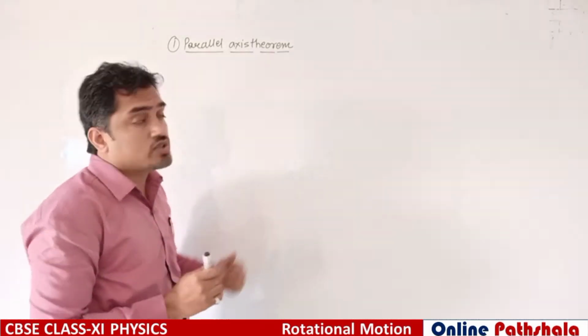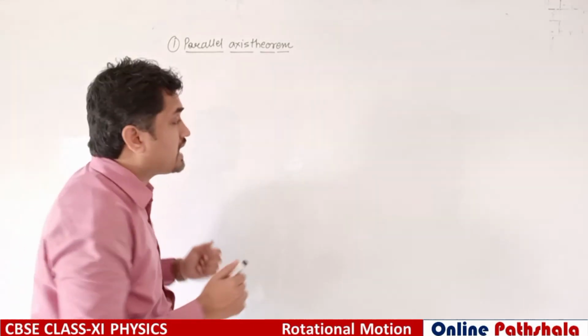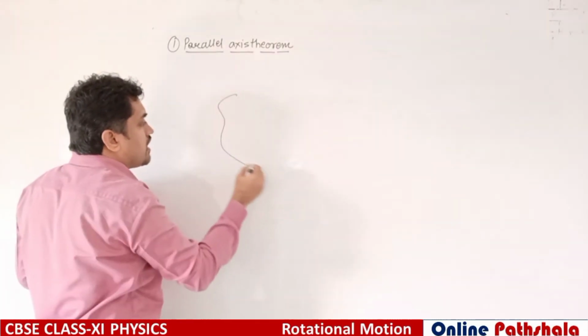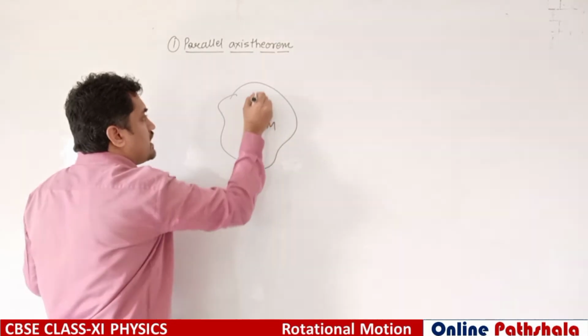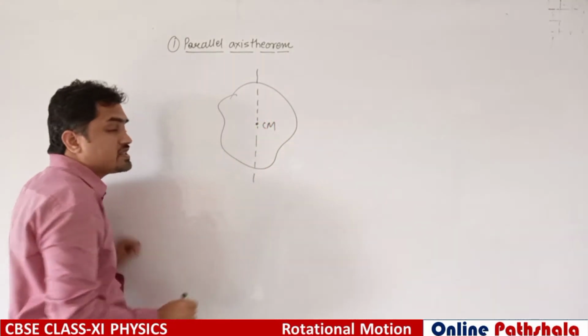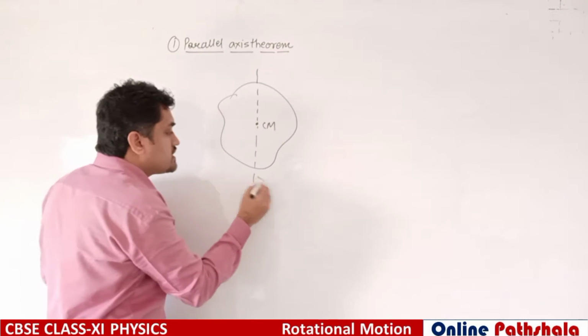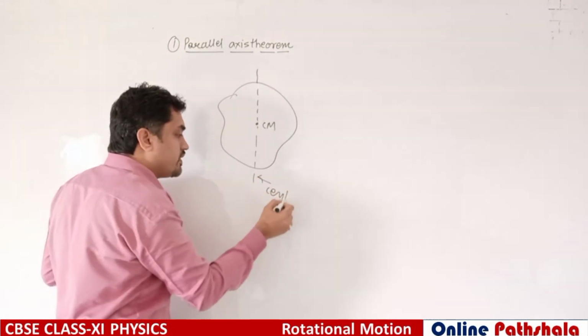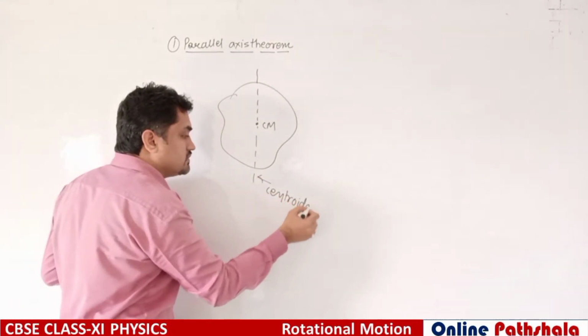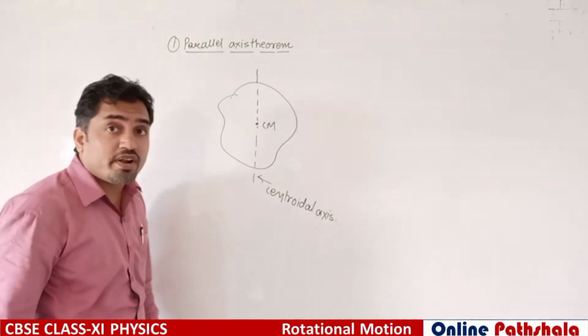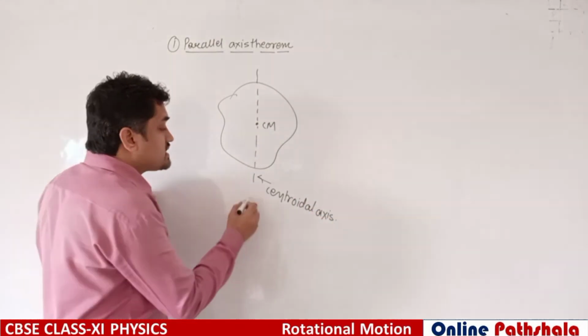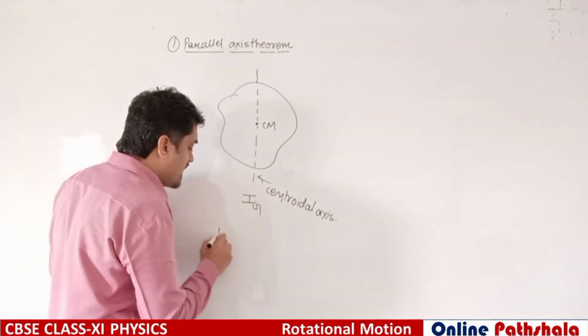So, what is the parallel axis theorem? Let us consider a body, and this is the center of mass of the body, and this axis is called the centroidal axis. The moment of inertia about this centroidal axis is Ig. What is Ig?